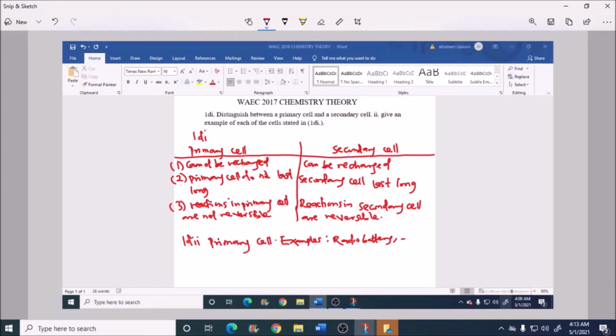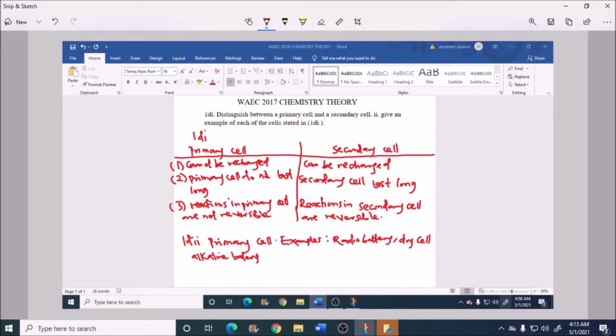We have dry cell, as one of the examples of primary cell. Then we have alkaline battery, also one of the examples of primary cell.